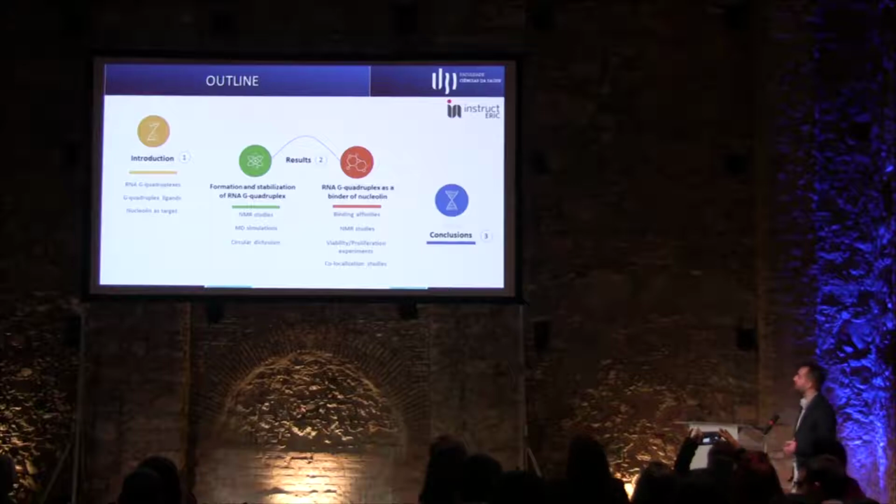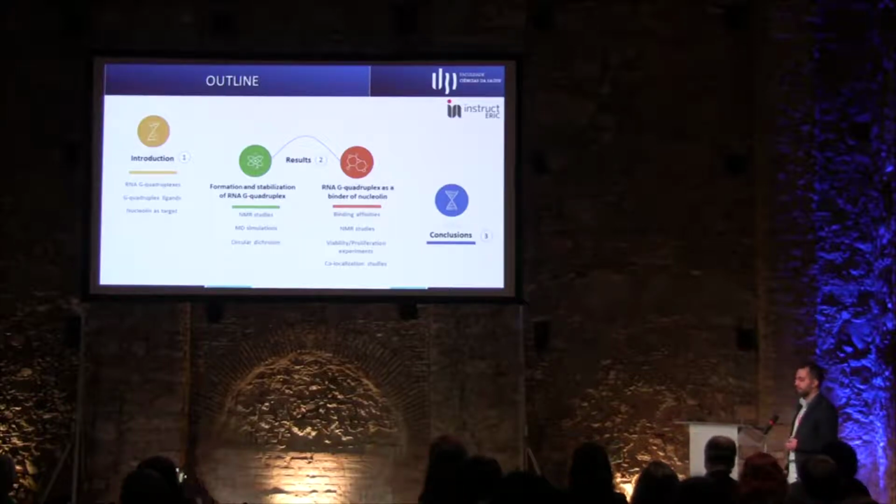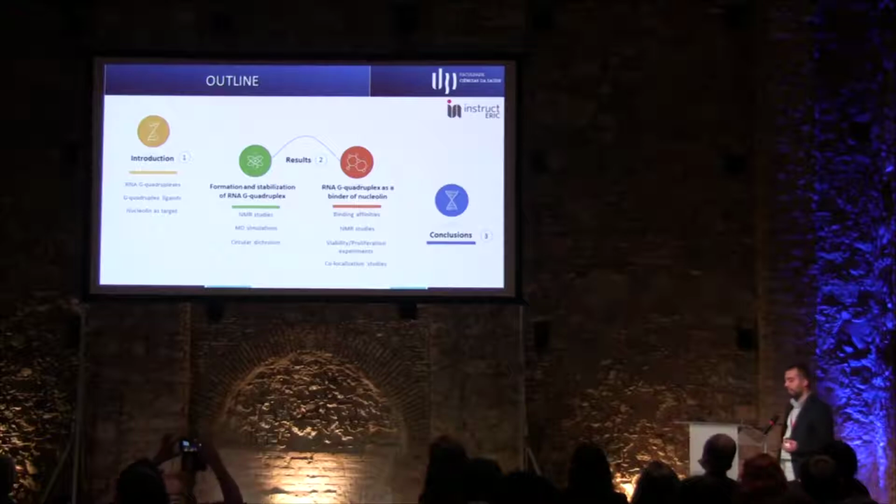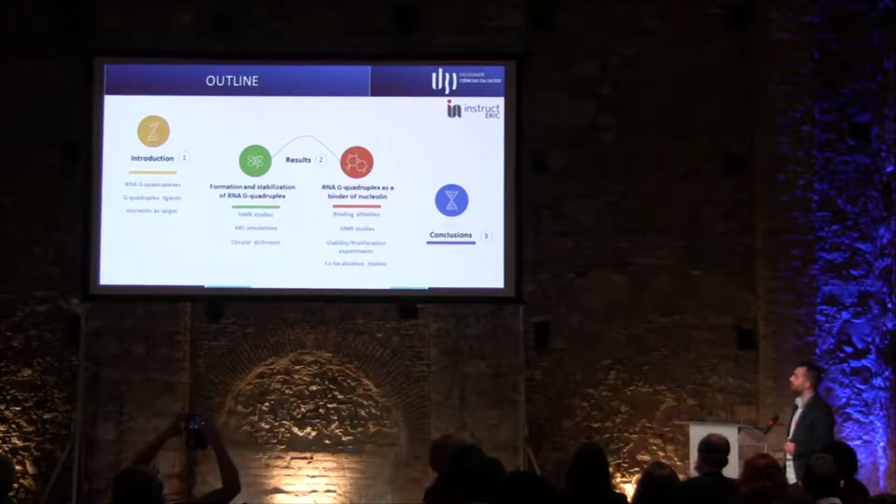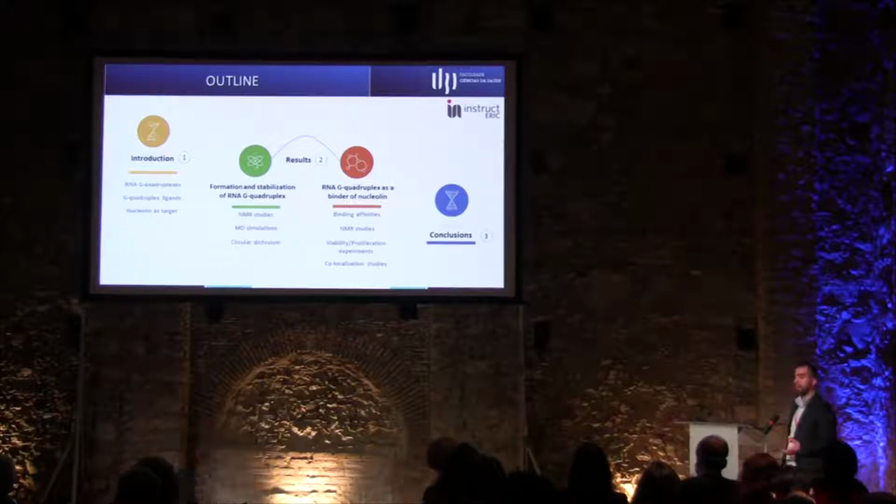In the second stage, I will share the experimental results that prove the formation of RNA G-quadruplex in the sequence of pre-microRNA 149, as well as its stabilization by ligands and its binding to nucleolin. Finally, I will present the main findings and conclusions of our study.